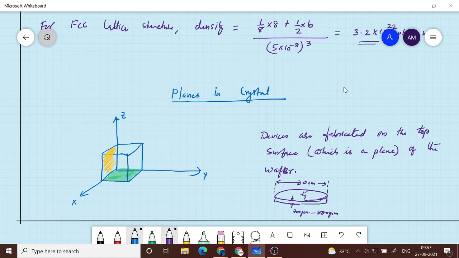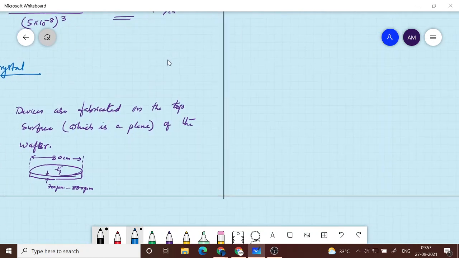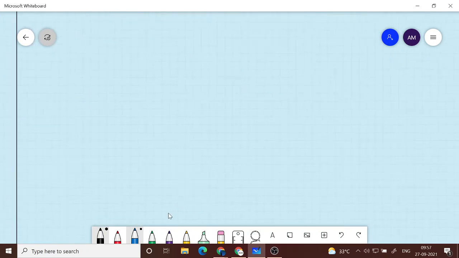Say for example, you can think about a surface like this. You can think about a plane like this. Okay, so different surfaces have different properties, or different crystal planes have different properties.